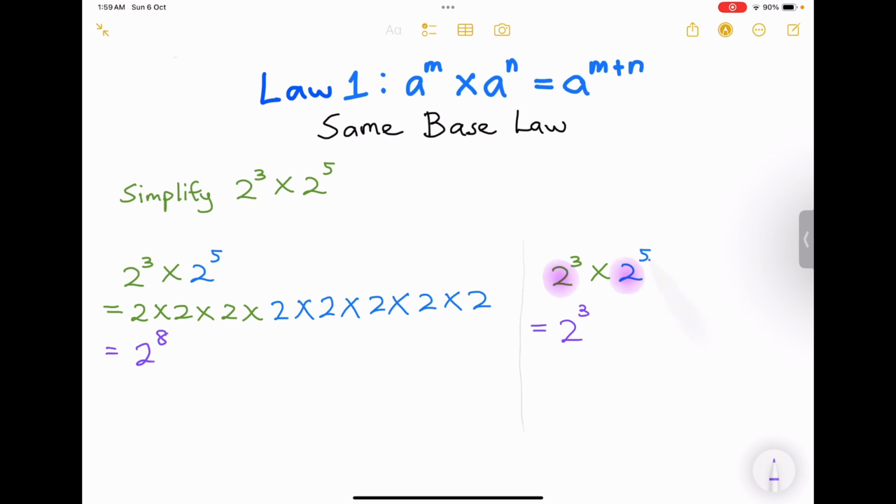The second 2 appears 5 times. Altogether, they appear 8 times. This means we must add the index so that 3 plus 5 gets us 8.